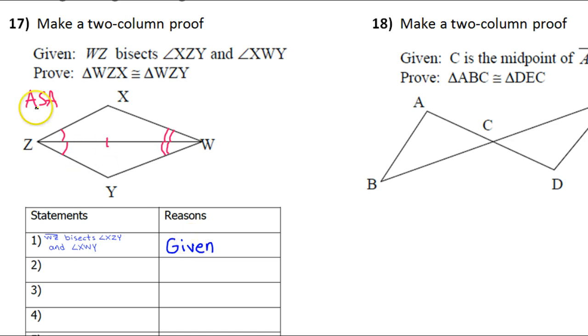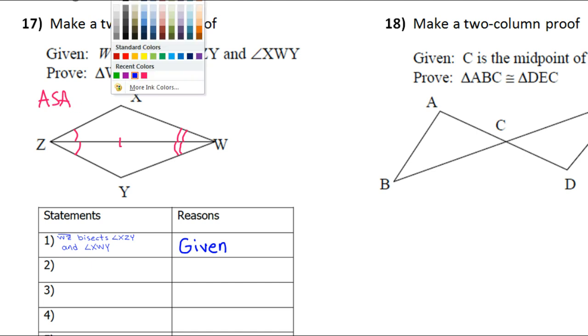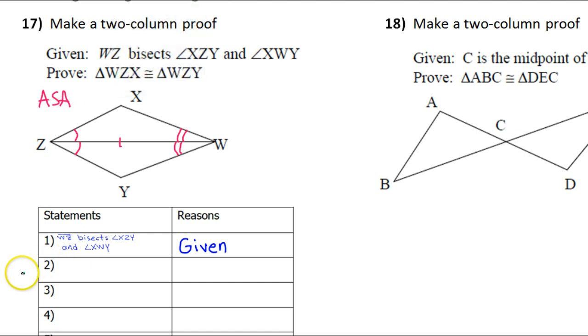Now since I want to prove the triangles are congruent by angle-side-angle, I'm going to use angle, side, angle to guide my proof. In other words, I'm going to make sure I have a pair of angles, a pair of sides, and a pair of angles next. So my first pair of angles, I'll do this pair right here.